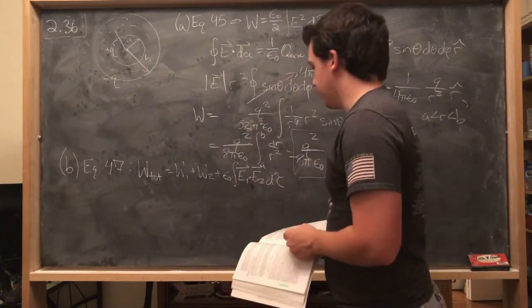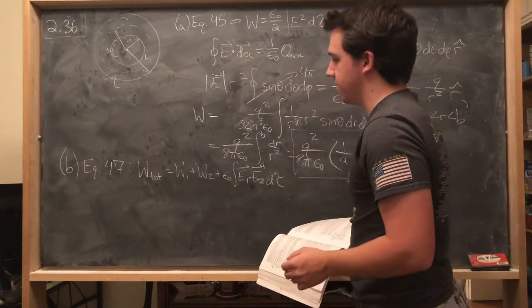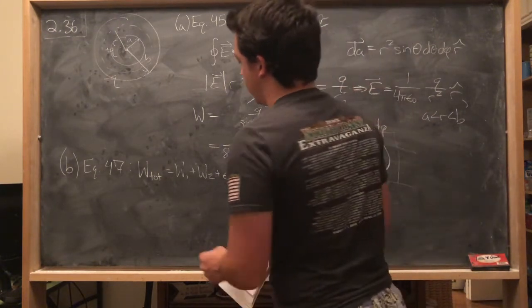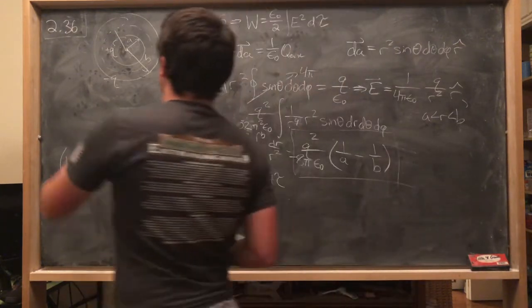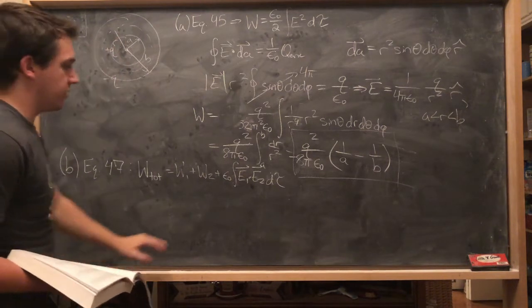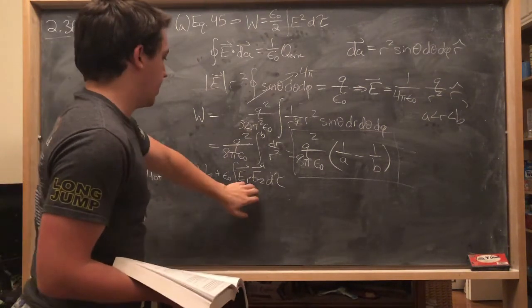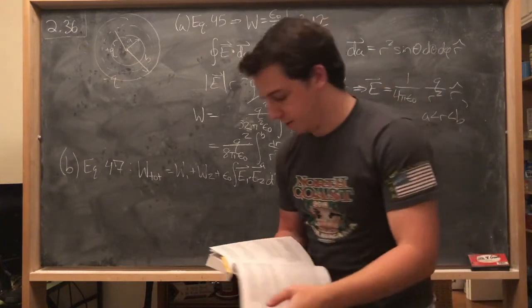And so as a result, we pick up this cross term. So if we want to calculate the total work using just the individual contributions to the work from each sphere, then we also have to calculate what this cross term is going to be as well.